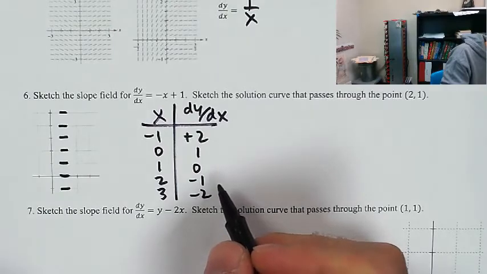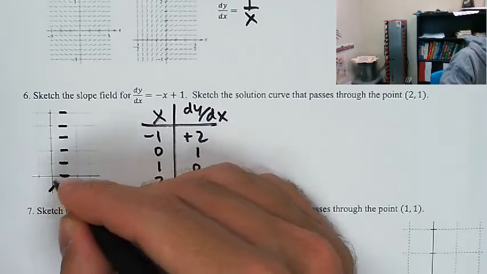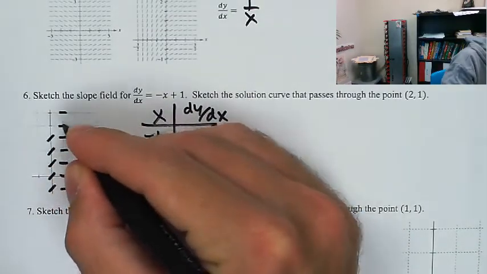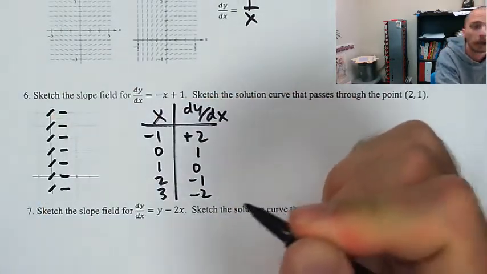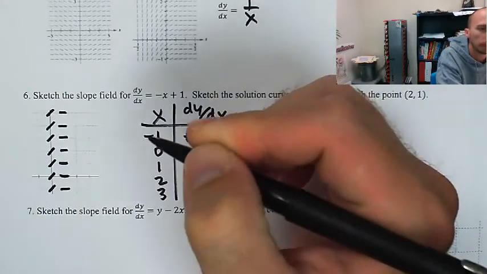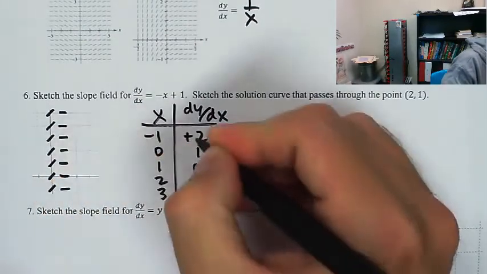Okay. At x equals 0, dy dx is 1, so that's a pretty easy slope to draw. I'm just aiming up at the next grid intersection point. And no, I was aiming down at the previous grid intersection point. All right, and then when x equals -1, dy dx is -2, or positive 2.